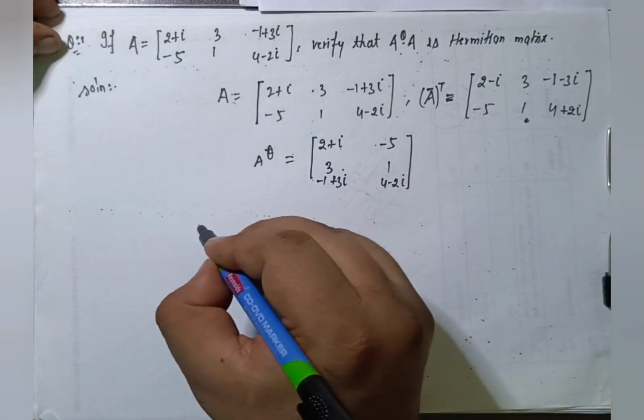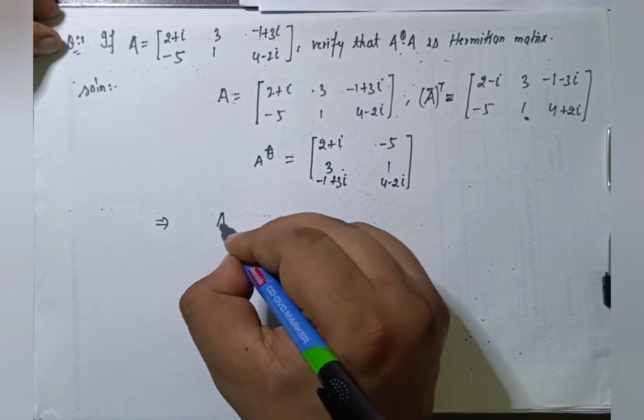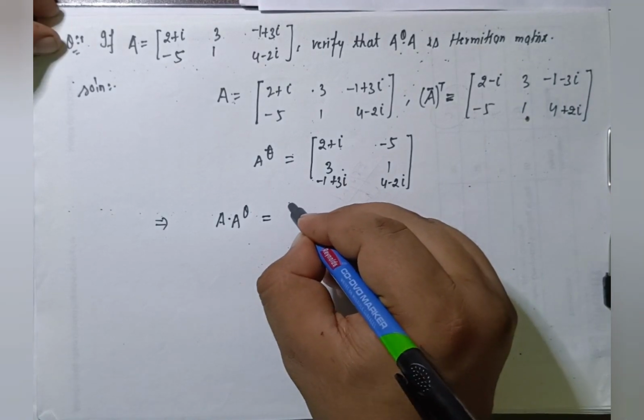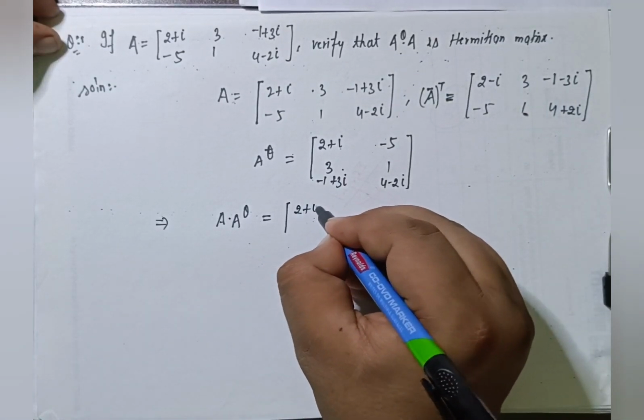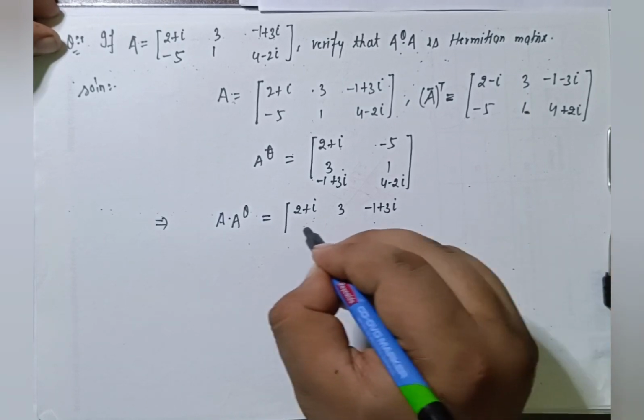First of all, we need to find A into A theta. So matrix A is 2 plus iota, then 3, then minus 1 plus 3 iota.